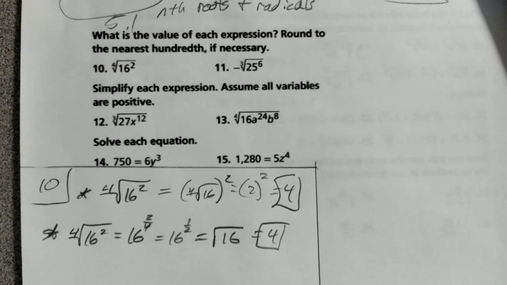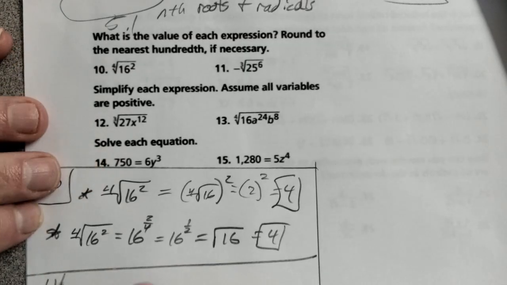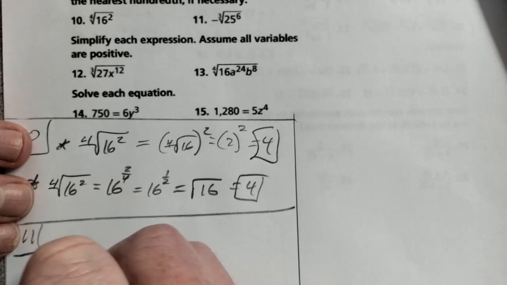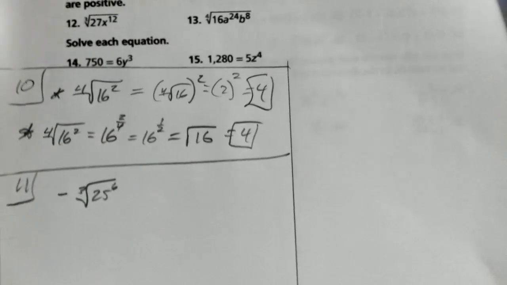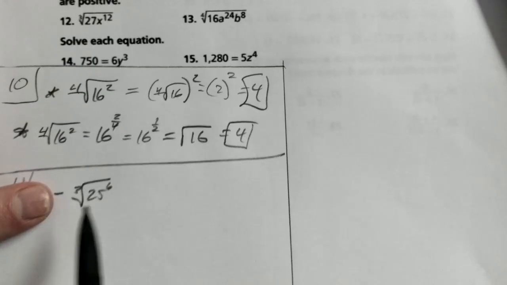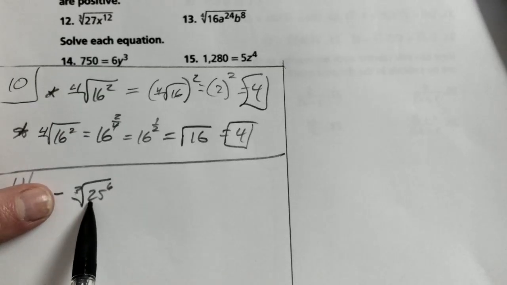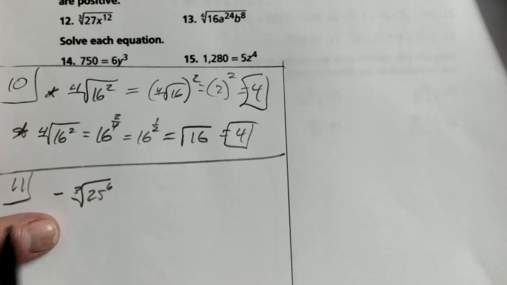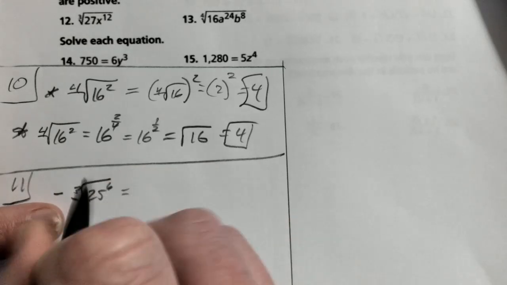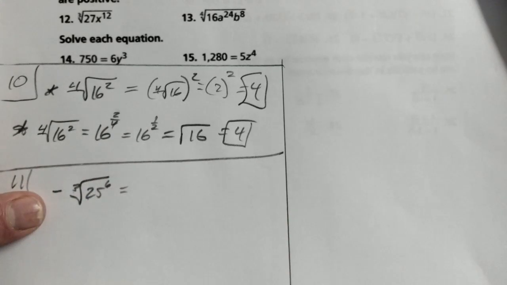All right, problem 11. We have negative cube root of 25 to the 6th. Gross. That's real gross. Since I don't know the cube root of 25, and I really don't feel like multiplying 25 times itself 6 times, what I'm going to do is switch this to exponential form.